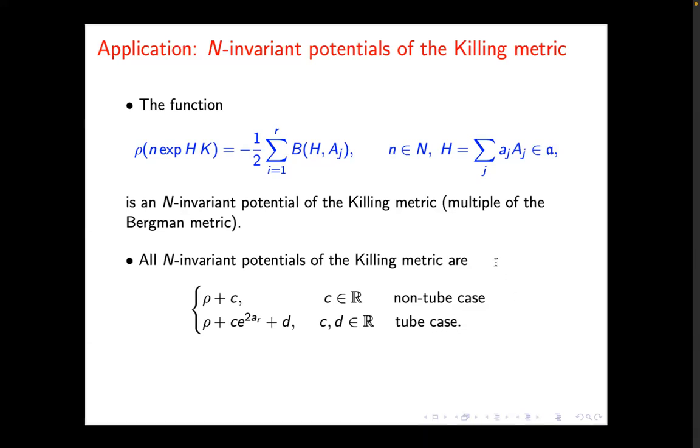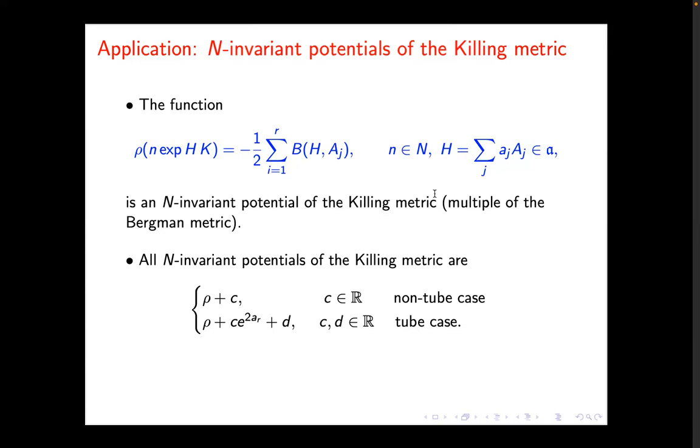The Killing metric is just the metric on G mod K which at the base point coincides with the Killing form, and it is a multiple of the Bergman metric. So up to a positive real constant, rho of n is a potential of the Bergman metric. And you see it's completely expressed in Lie theoretical terms.